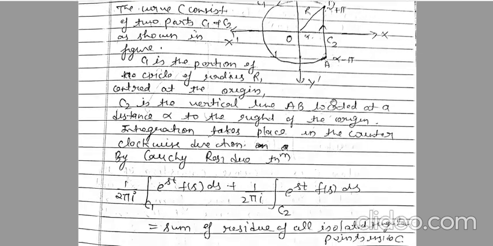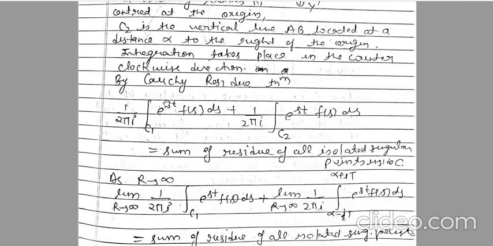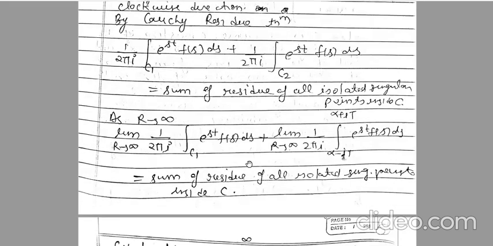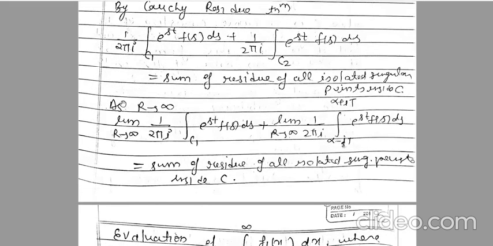So by Cauchy residue theorem, 1 upon 2 pi i integral over the circle C1 of e to the power st F(s) ds, plus 1 upon 2 pi i integral over C2, the vertical line AB, of e to the power st F(s) ds, is equal to the sum of residues of all isolated singular points which lie inside C. When R tends to infinity, this is your Bromwich integral method.